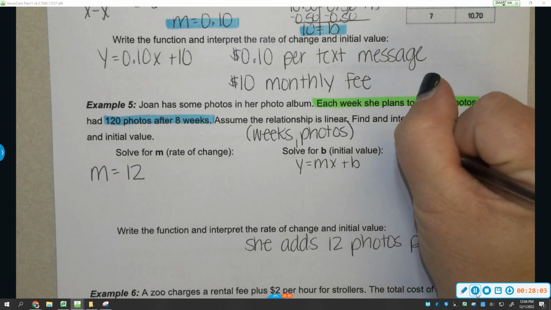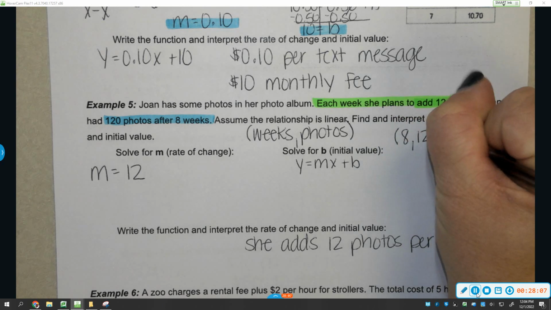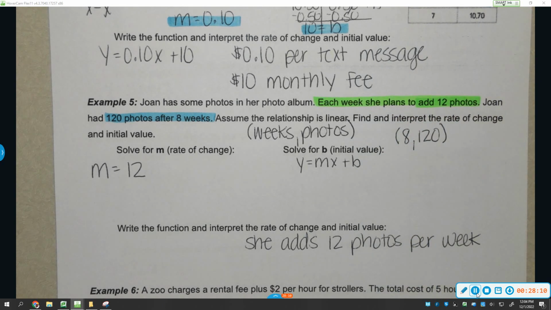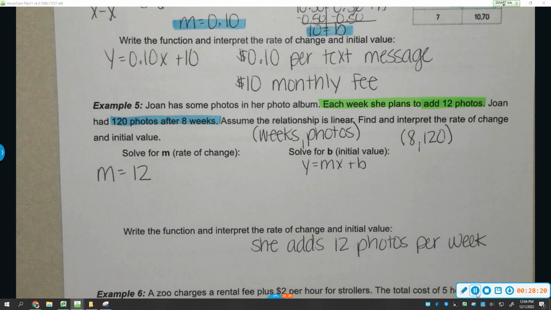So the ordered pair that we would be using is 8, 120. That's what makes these story problems a little bit different: we have to figure out what our ordered pair is. Once we've done that, the process is still the same.